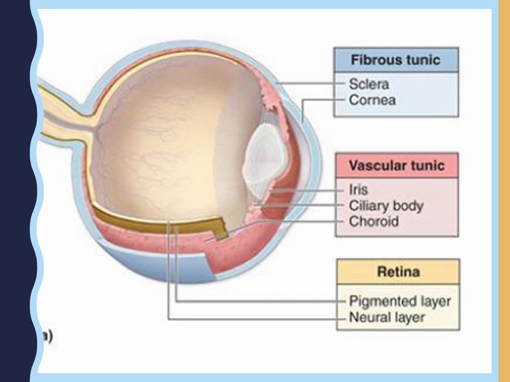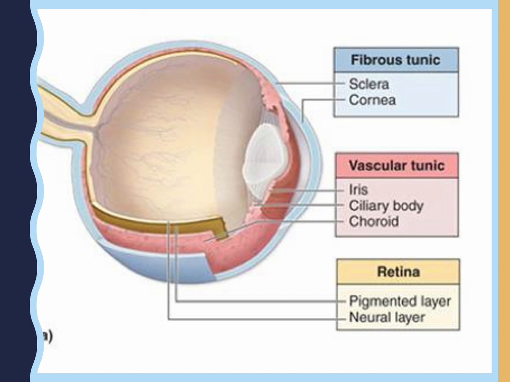So the globe of the eye itself has 3 layers of tissue, and these are referred to as the fibrous, vascular, and nervous layers. Here on this slide, you see them referred to as tunics. So you may also hear them referred to as fibrous tunic, vascular tunic, and nervous tunic.